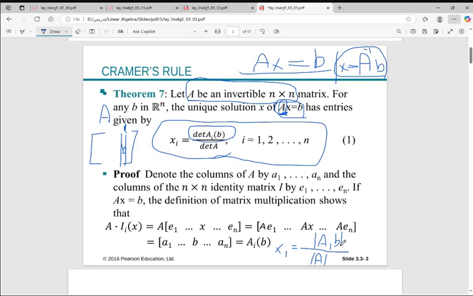A2B is the same as A, but its second column is replaced with B, and so on. xn equals determinant of AnB over determinant of A. And what is AnB? AnB is the same as A, but its last column is replaced with B, right? So is this clear to you? Is the theorem clear to you?